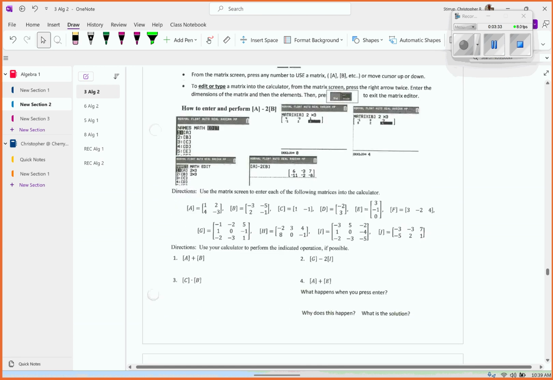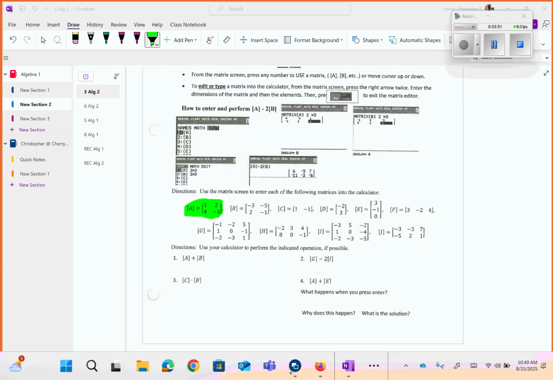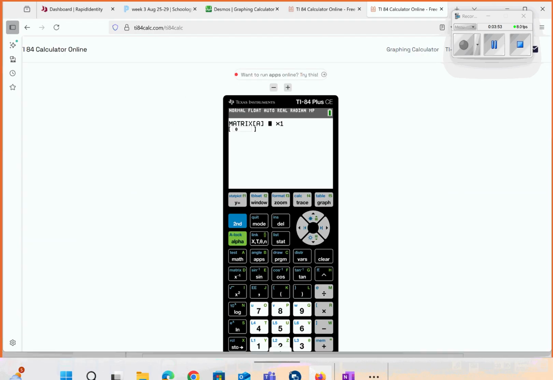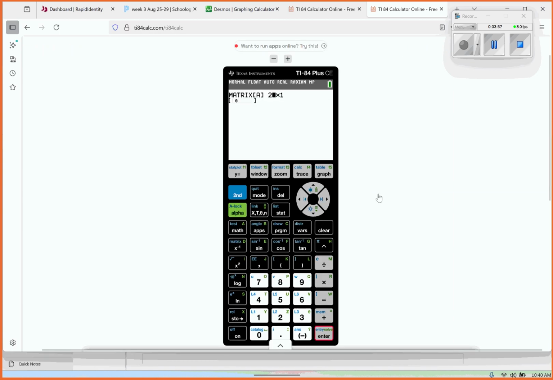So it looks like matrix A is a 2x2. Do you agree with that? You guys have your book open, right? So I'm going to be looking for this matrix. I need this matrix to plug it in. Okay? So I'm going to go away from my screen. So that was a 2x2. Agree? So just 2 enter, 2 enter.